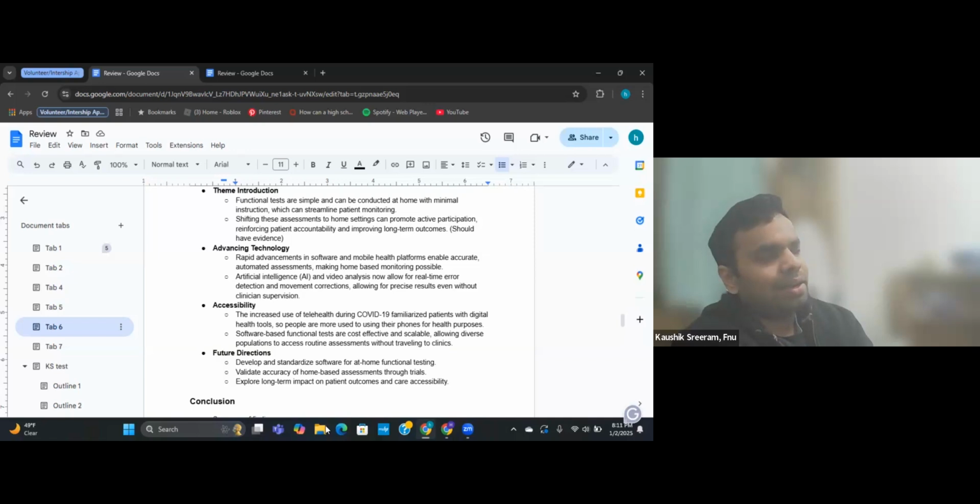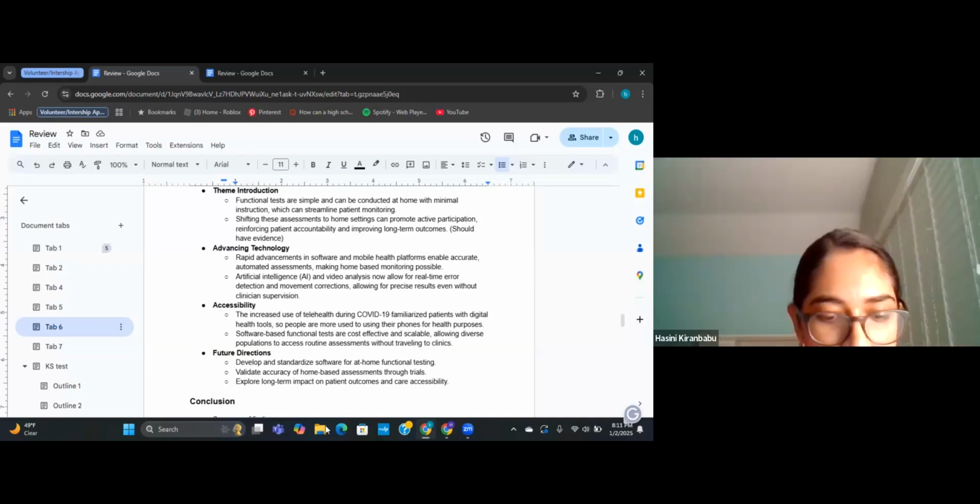And then you say that because these smartphones are so widely available, you can run capable software on these devices. And when you say capable software, you say that video analysis software can be run effectively on these devices. Make sense? Yeah.